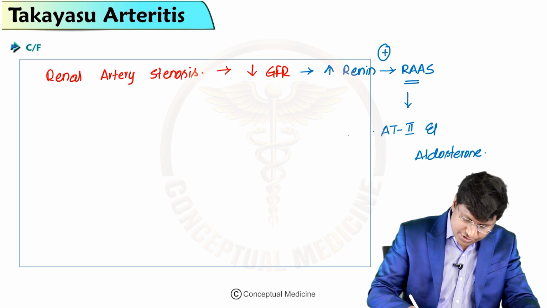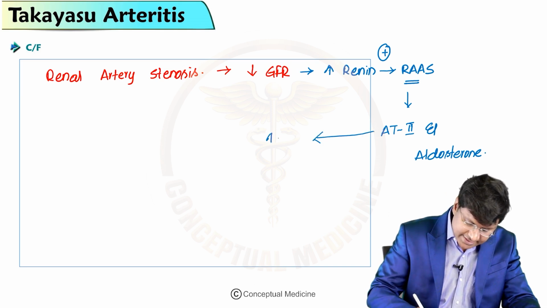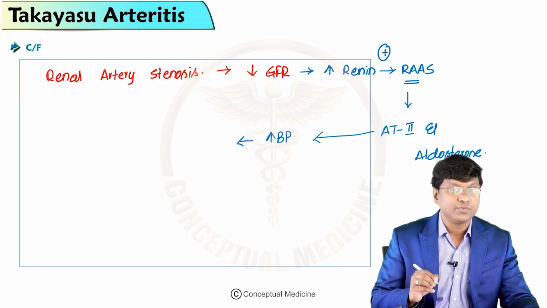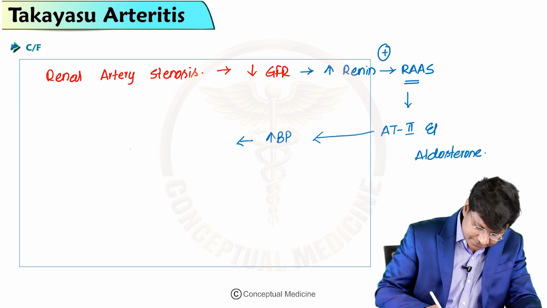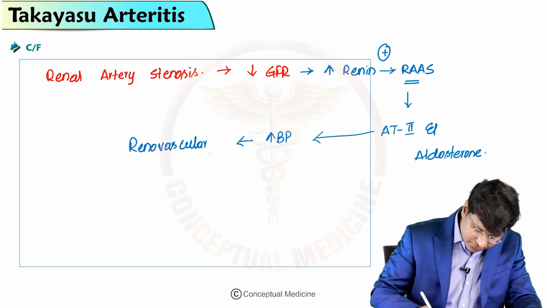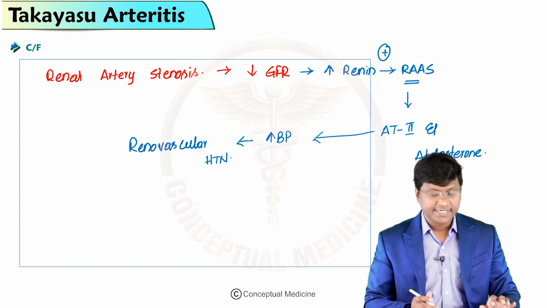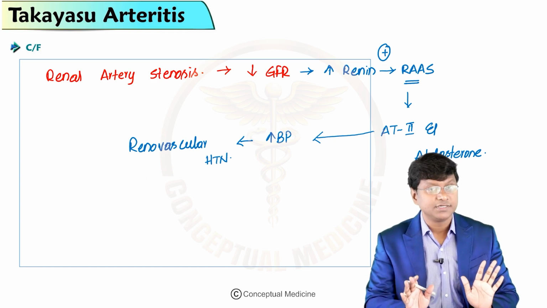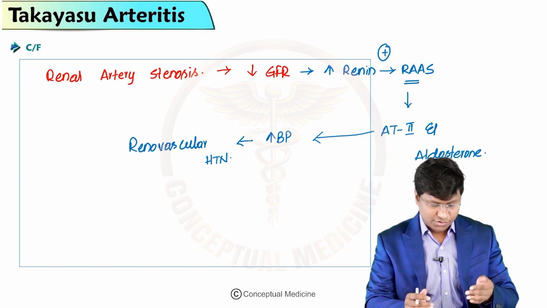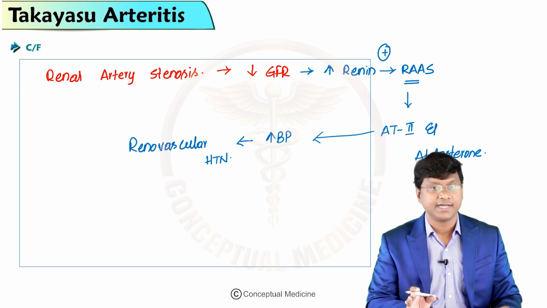So this angiotensin 2 and aldosterone will increase the blood pressure of the individual, and that we call renovascular hypertension. So that is about the clinical manifestation because of the involvement of the renal artery.